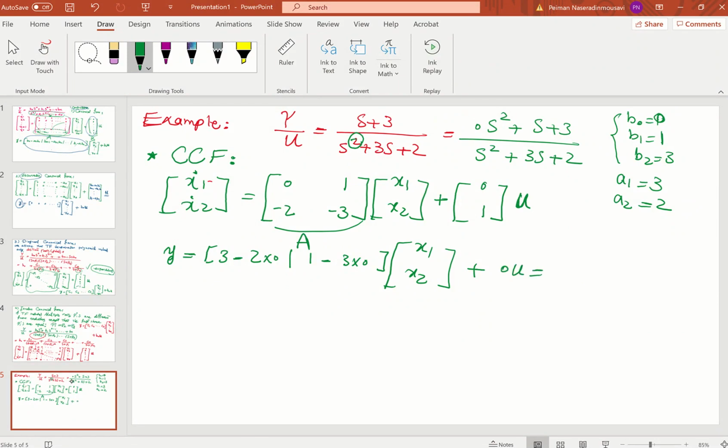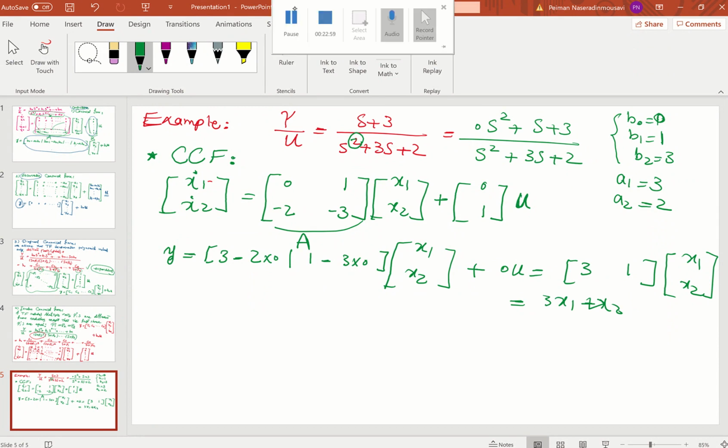So the output is 3 and 1 times x1 and x2. This is the output of the system, or if you want to summarize it, it's 3x1 plus x2 in the controllable canonical form.